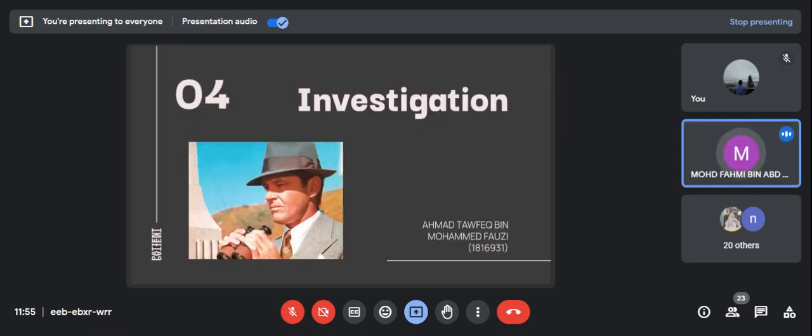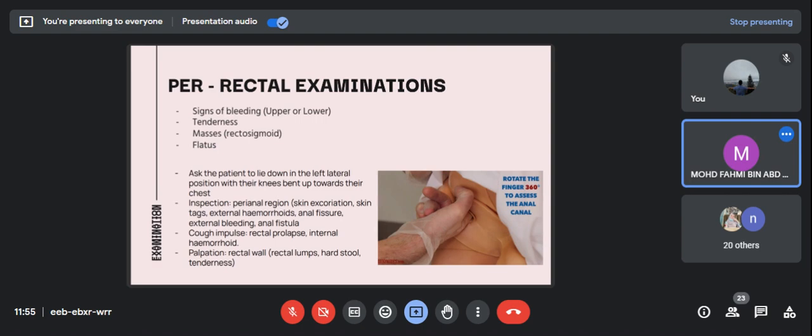Kalau ada abscess, if during inspection we find the abscess, we may not proceed with the per-rectal examination. Kalau ada abscess, you boleh rasa per rectal. So what do you find on per rectal examination if there is pelvic abscess or intraperitoneal abscess lah, mainly kat pelvic area, gynae patient kan, tubo-ovarian abscess, refer kat surgery.